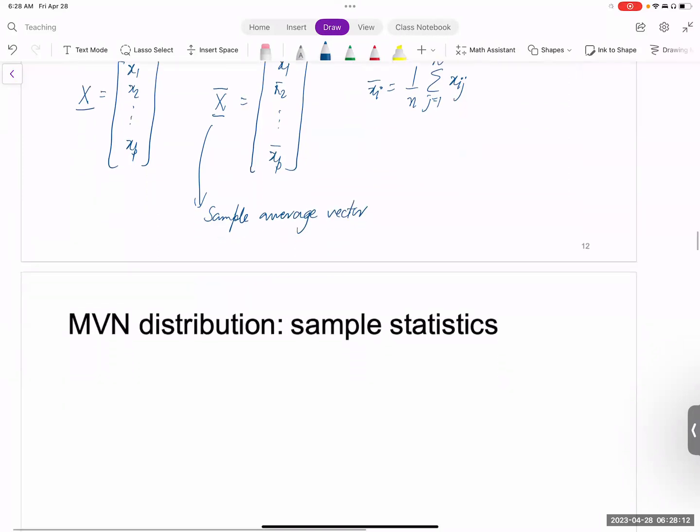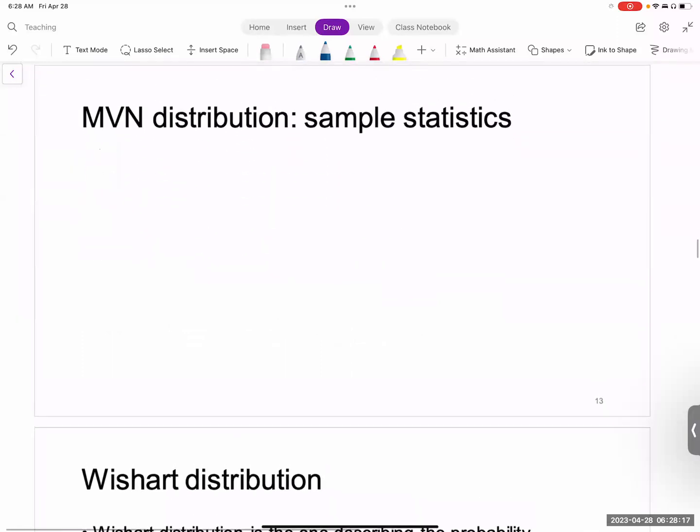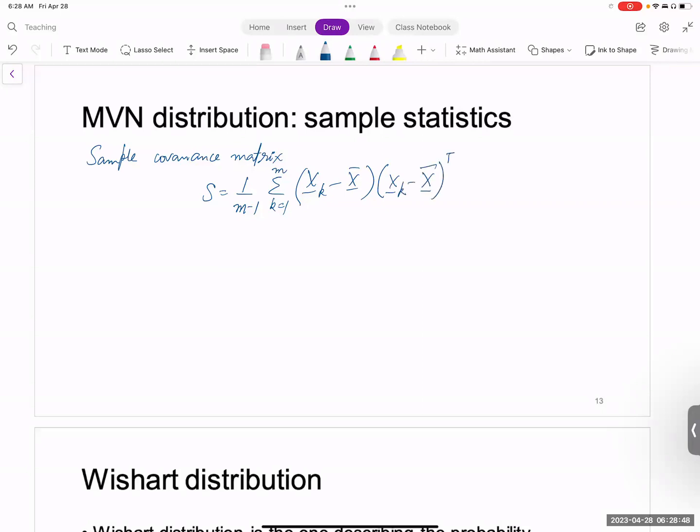So this is the sample average vector. And then the second one we're going to talk about is the sample covariance matrix. This is represented as uppercase S, which is 1 over m minus 1, summation of k equal to 1 to m, x under bar k minus x over bar under bar, times x under bar k minus x over bar under bar transpose.